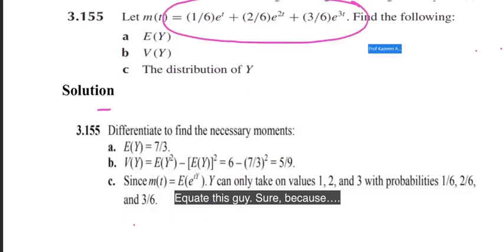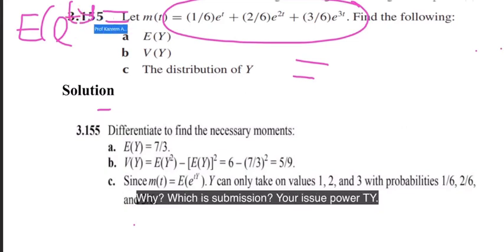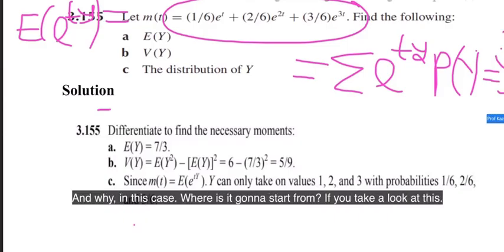Equate this guy to, because that means the expectation of e raised to power t y, which is the summation of e raised to power t y times the probability of y equal to that. And y in this case, where is it going to start from?